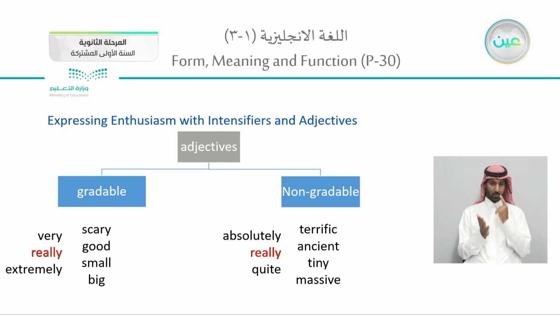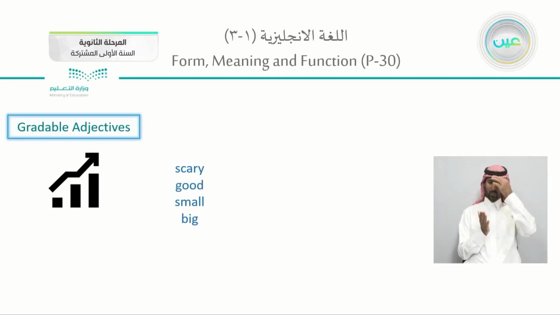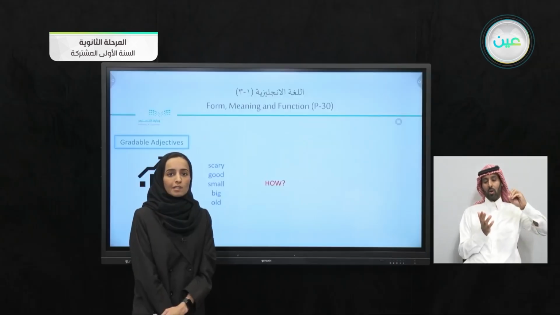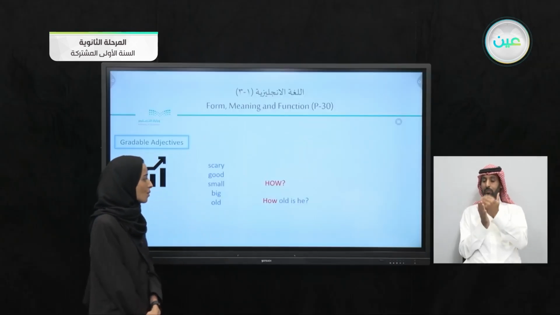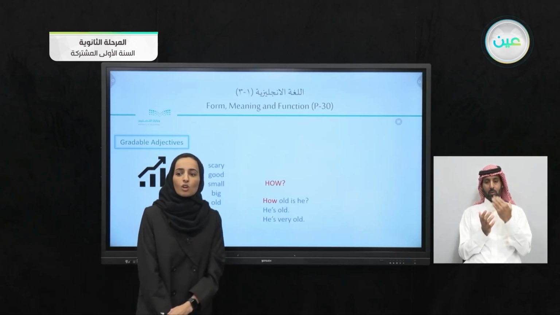Notice that we can use really with both the gradable and the ungradable. How can you know that an adjective is gradable? Ask a question with how. Can you ask how old? So it is gradable. How old is he? He's old, or he is very old.